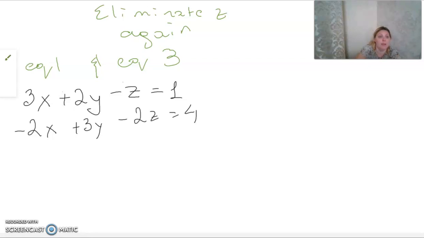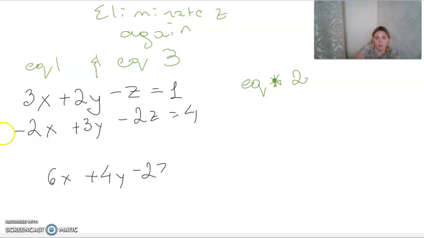In this case, I'm going to take equation 1 and multiply it by 2. So I'm going to end up with 6x plus 4y minus 2z equals 2.